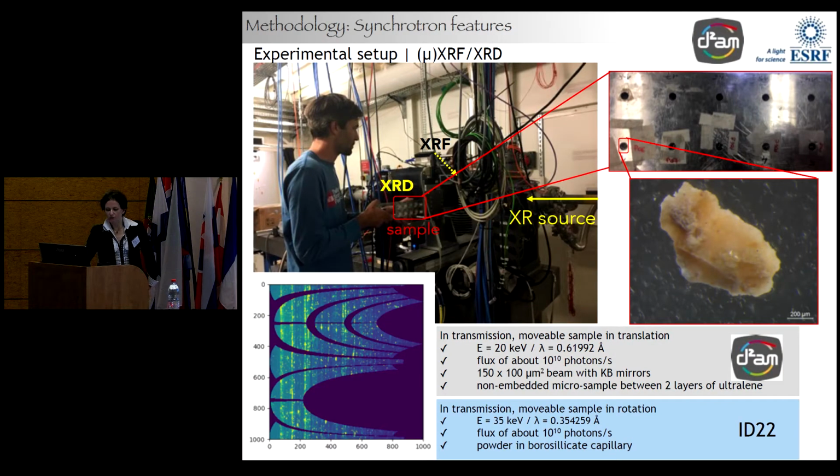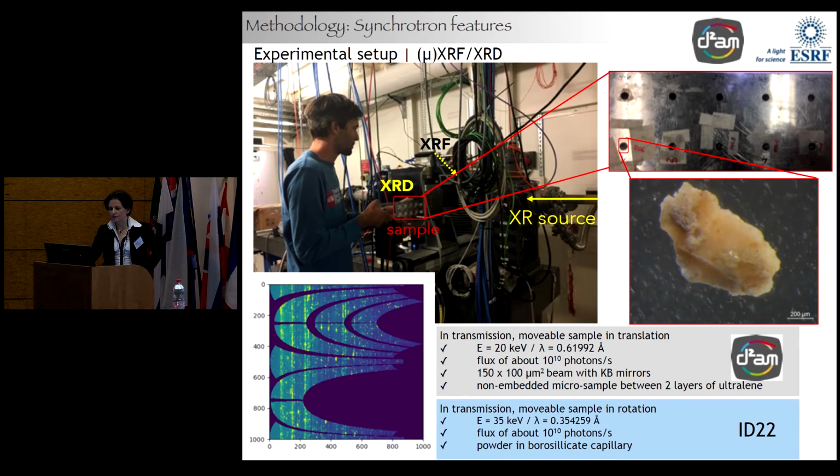We also cross with synchrotron X-ray fluorescence and X-ray diffraction. Thanks to the collaboration with the ESRF in the Patrimalp project, we have access to two beamlines, BM2 and ID22, to be able to make mainly X-ray diffraction.